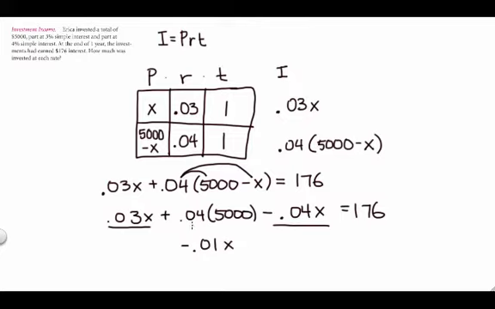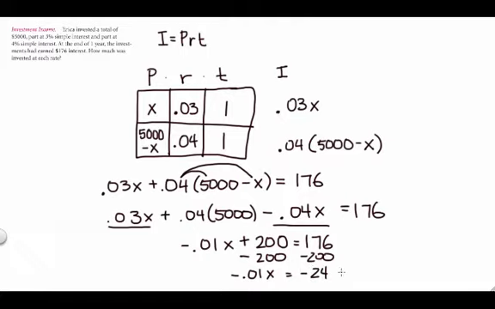So if you do 0.04 times 5,000, we get 200, and it's positive, equals 176. So now to solve for x, I'm going to subtract over 200. So subtract 200, subtract 200. So it's 176 minus 200. So we get negative 0.01x is equal to negative 24, right?